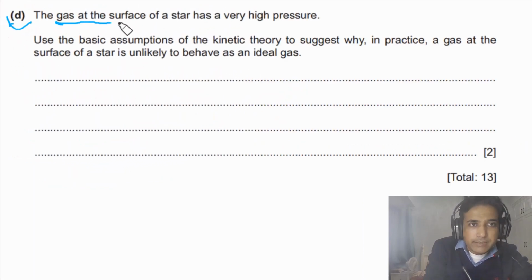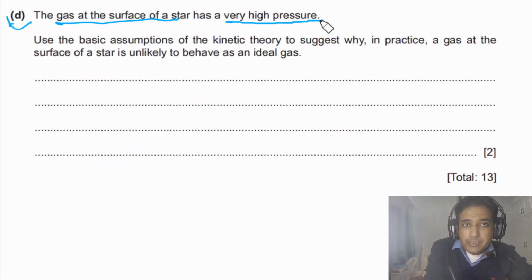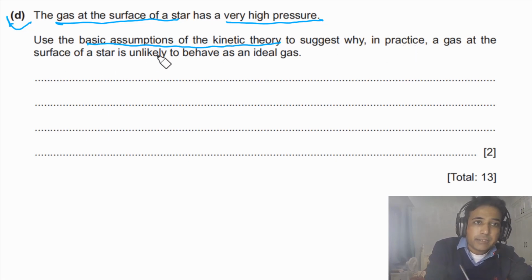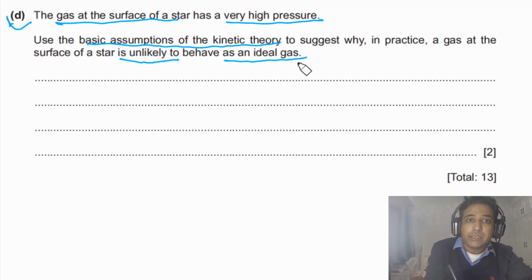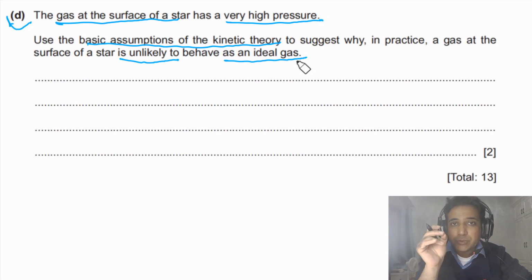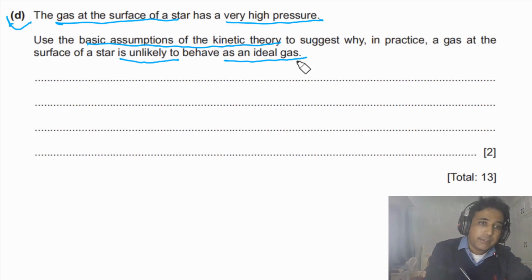Part D says the gas at the surface of a star has a very high pressure. Use the basic assumptions of the kinetic theory to suggest why in practice a gas at the surface of a star is unlikely to behave as an ideal gas. So first of all, we need to understand condition for an ideal gas.